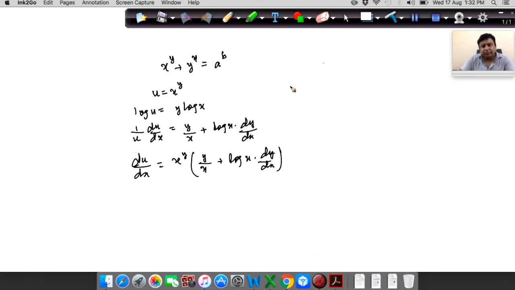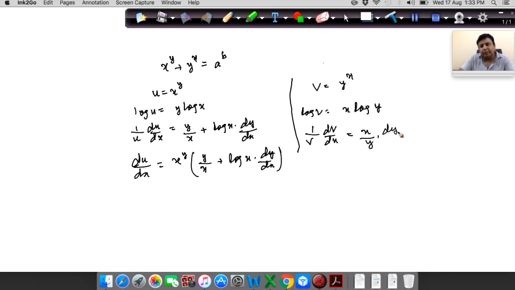Now we'll do v also. We'll take this as v, y to the power x. Same way, log v equals x log y. So 1 by v into dv by dx, differentiating both sides, x into 1 by y into dy by dx. Do you understand why I am putting dy by dx?